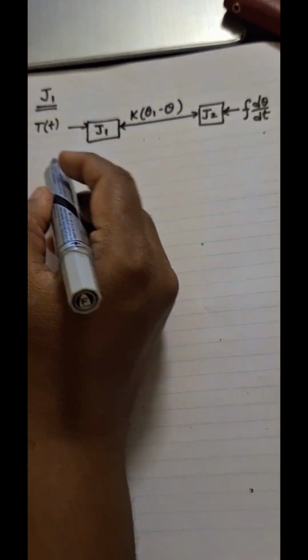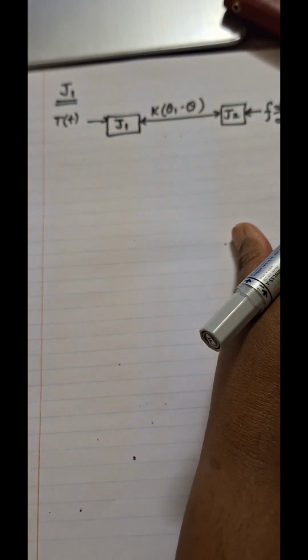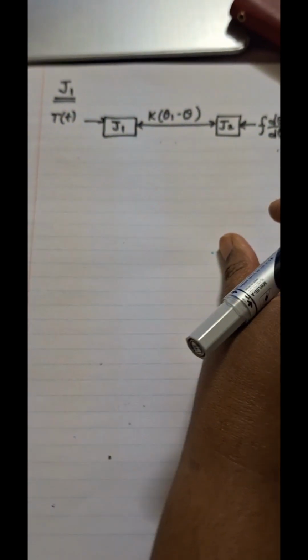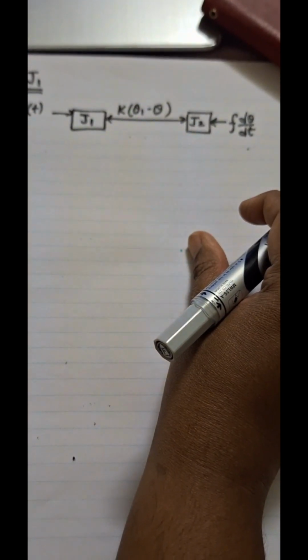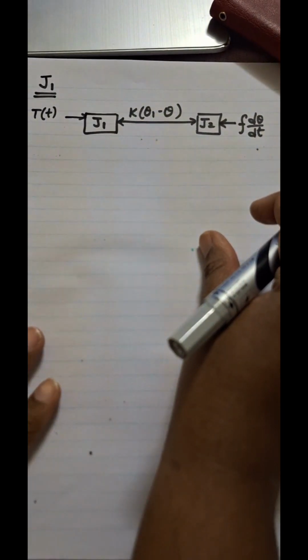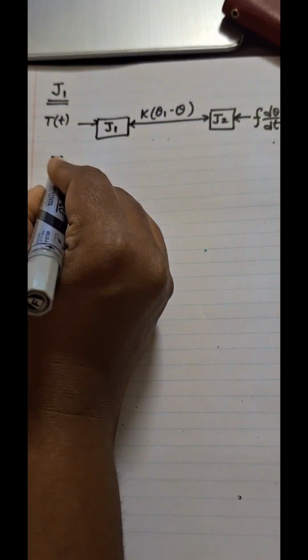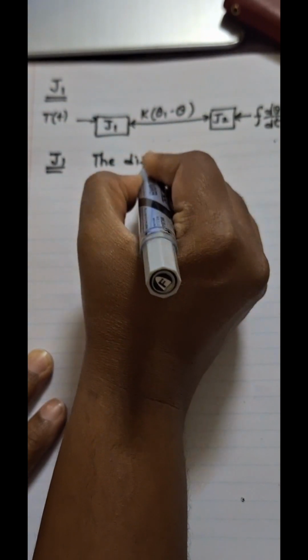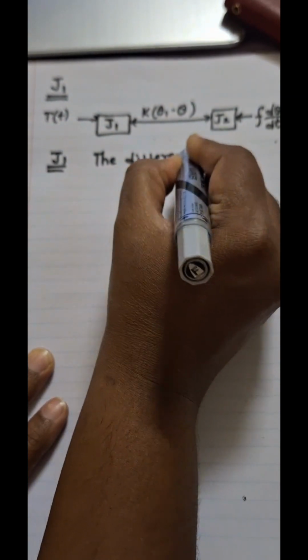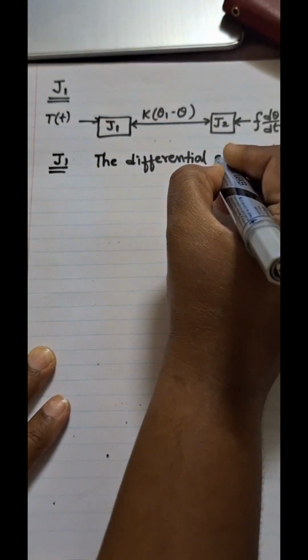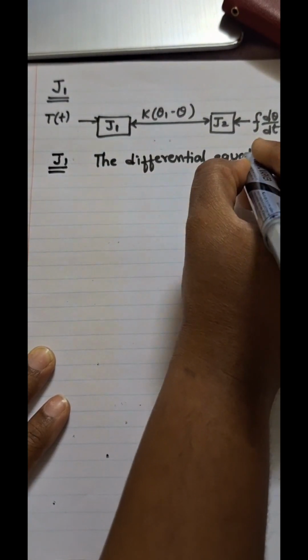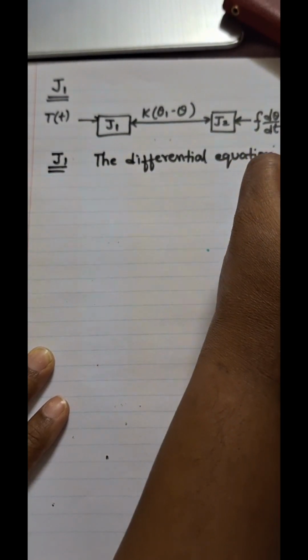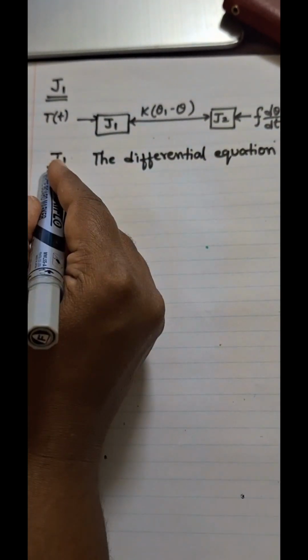According to this I should write the equations. To write the equations, I should first write my differential equation for J1. What is the differential equation for J1?